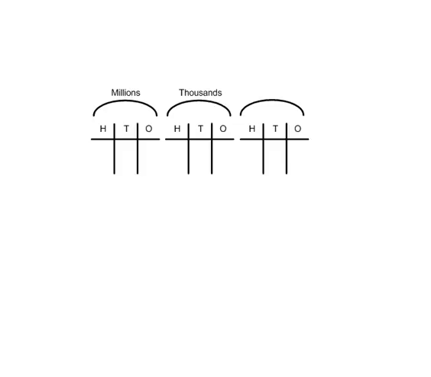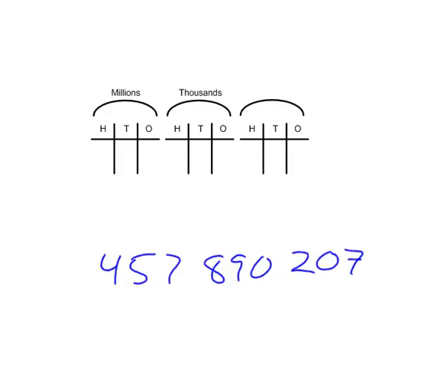Okay, taking back to the millions and thousands here. Give any number. Let's put a 7-digit number down. Not a 6-digit. Let's get a big, big number here. 4, 5, 7, 8, 9, 0, 2, 0, 7.